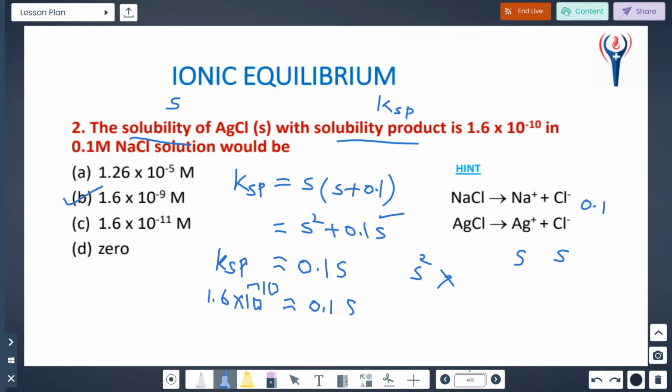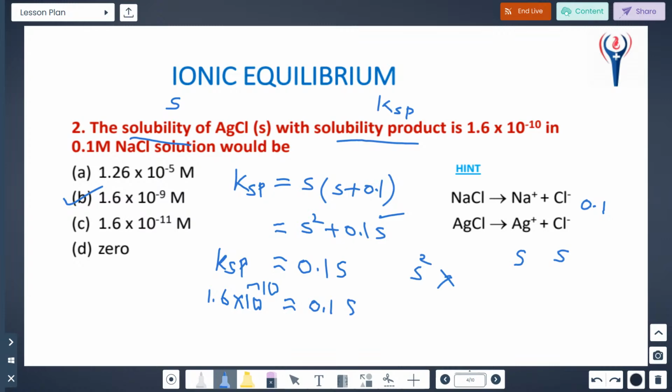Are you following? This is the final solution. Therefore S is equal to this answer. Understood? Only one thing you should remember. Sometimes they will give only AgCl. Are you following?